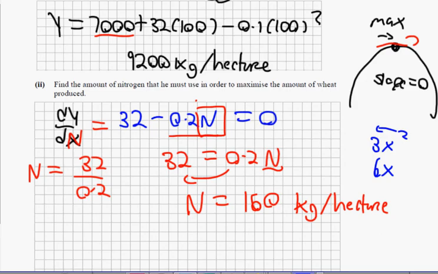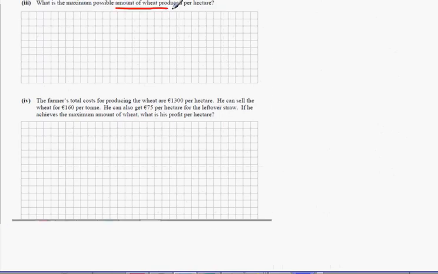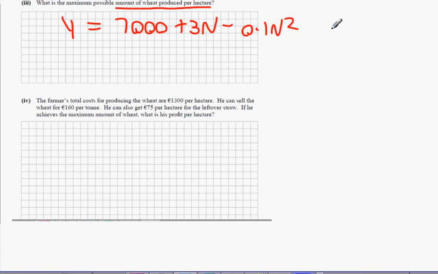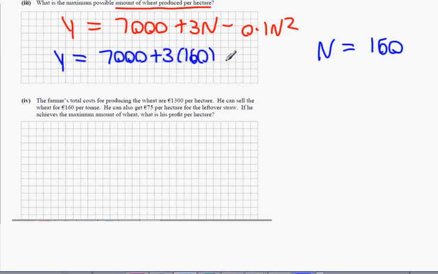Move on, next part. It says, what is the maximum possible amount of wheat produced? The amount of wheat produced is the y value, and the y value is 7,000 plus 32n minus 0.1n squared. Now guys, what we found out in the last question is that the maximum occurs when n equals 160. So if we replace n with 160, we should find out how much wheat we'll get when we use 160 kilograms of nitrogen.